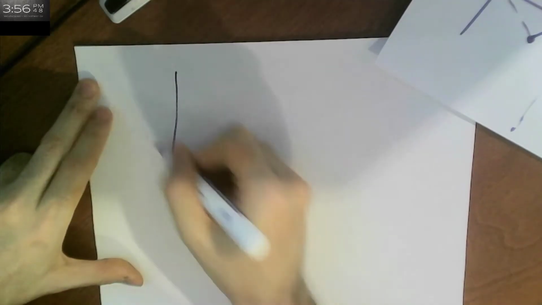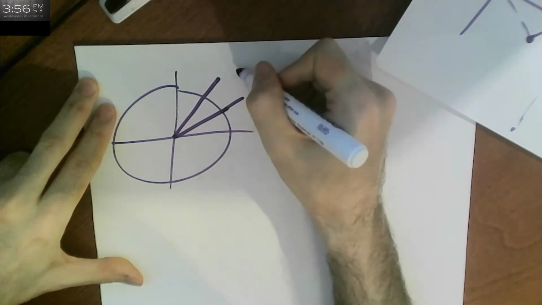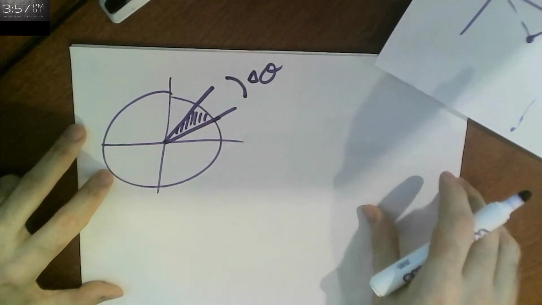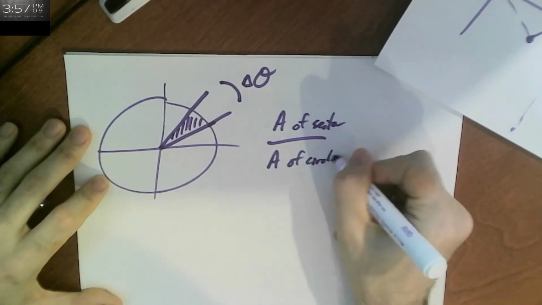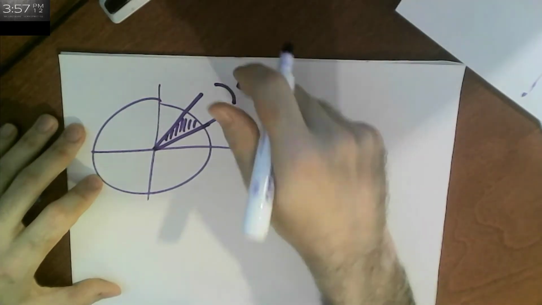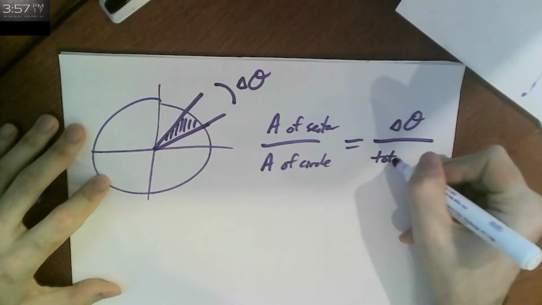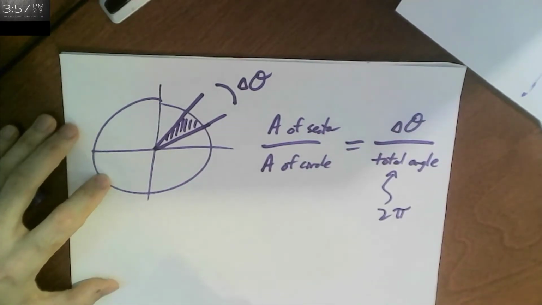So let's start with what if it was actually a circle? If we were using a circle specifically, and I had this chunk of circle, this amount of delta theta, that's no big deal. We can just do a ratio. The area of the sector divided by the area of the entire circle should be the same as the amount of angle we're using divided by the total angle, which is, of course, 2 pi radians.